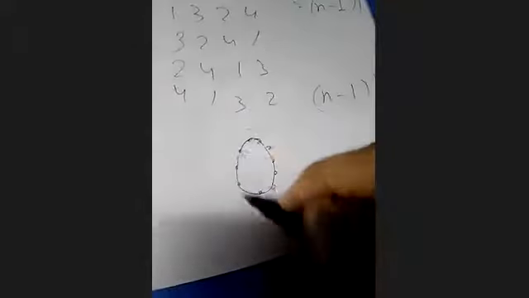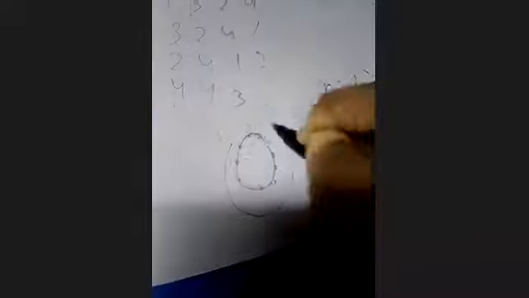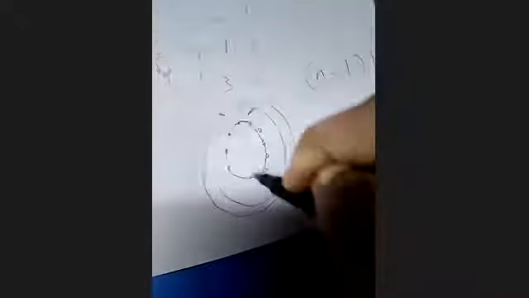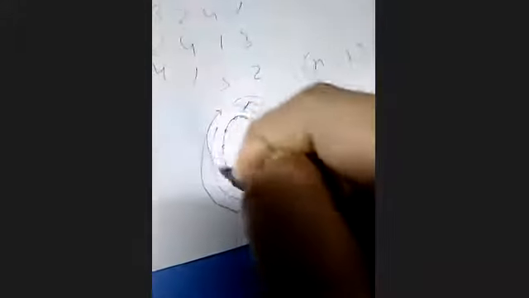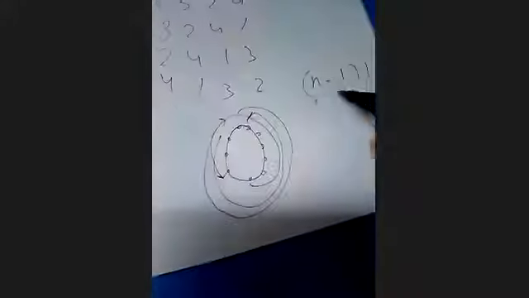But since all these pearls are equal, whether you make this movement or this movement, all this means the same. So you divide it by 2: (n-1) whole factorial by 2, or it is written in some books like 1/2 multiplied by (n-1) whole factorial. So this is a corollary part of this proof.